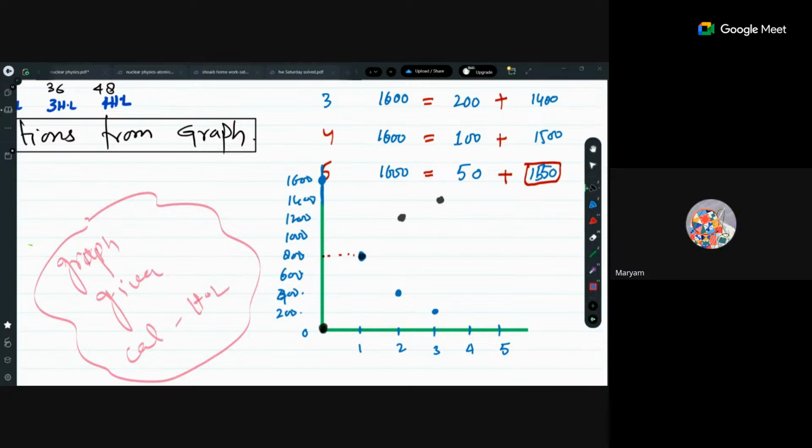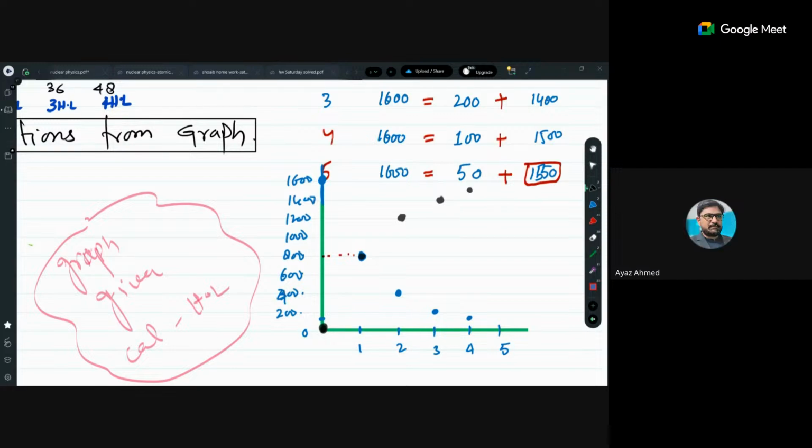Okay. After four half lives, what is left? 100. I have halved it. And what will be decayed then? 1500, right? Okay.